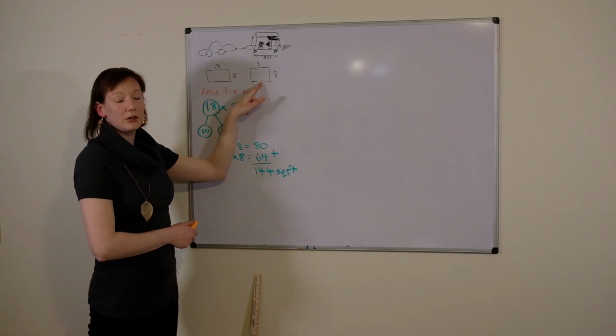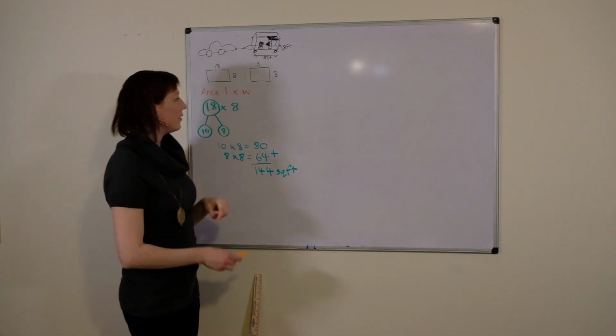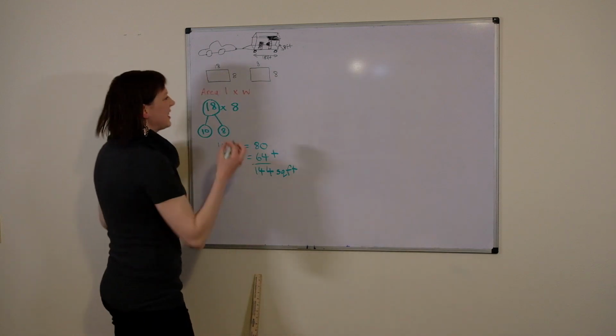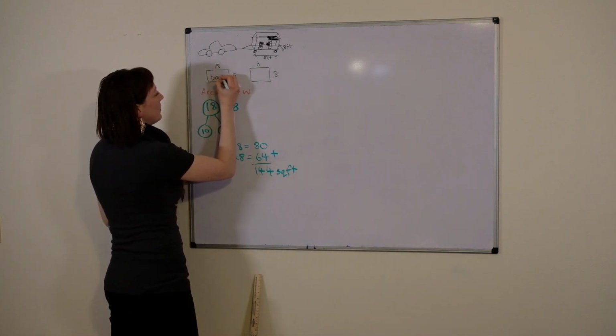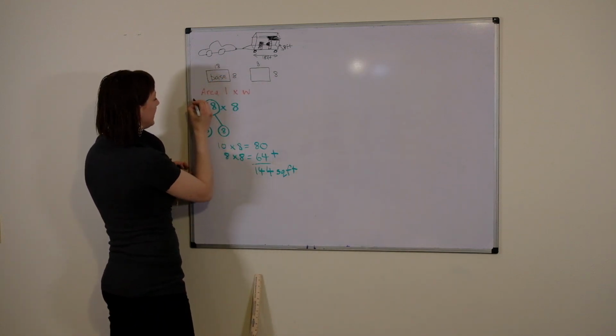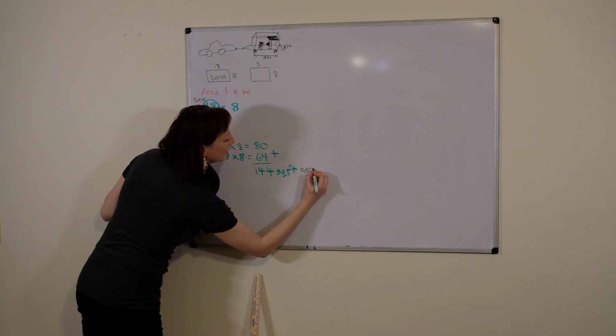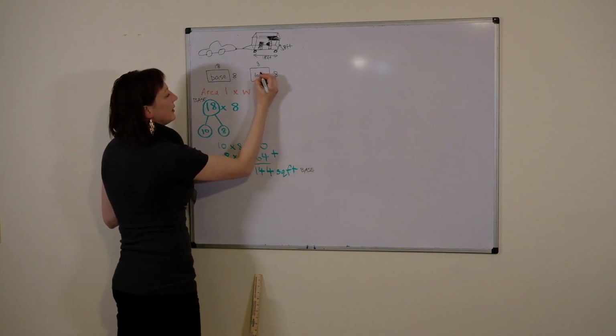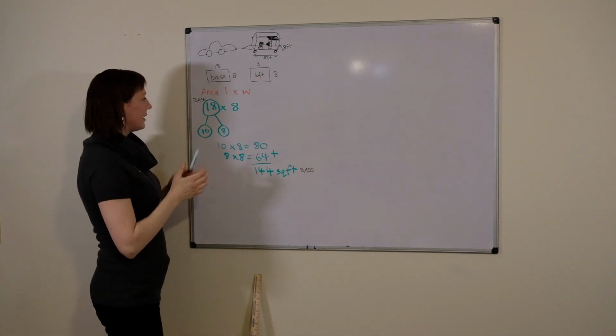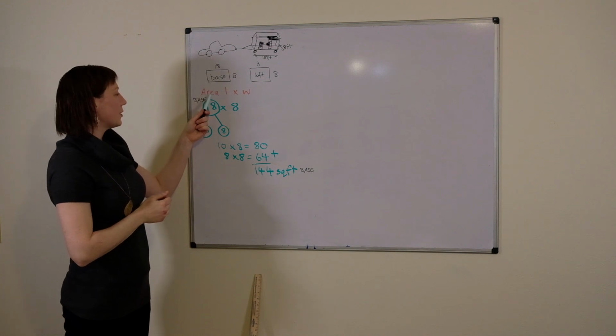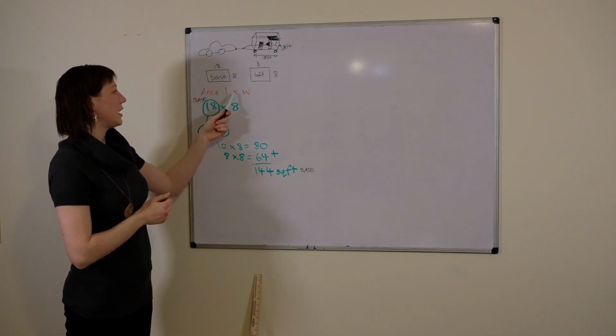We want to also look at what is the area of the loft. Let me write this down just to make sure it's clear. So the base, which is what we worked out here, this is the square footage of the base. Let's look at the loft. Again, how do we find out the area? We do length times width.